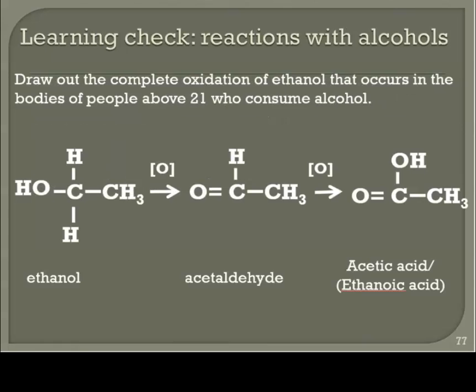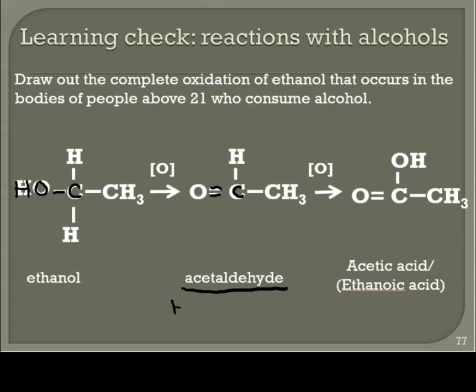So when we consume ethanol, we have an oxidation occur in our bodies. We take this carbon-hydroxide bond, that primary alcohol, and it is oxidized to an aldehyde. So we go from 1 bond to 2 bonds with oxygen. So this is more oxidized. Acetaldehyde is actually a compound in our bodies that makes us feel hungover.